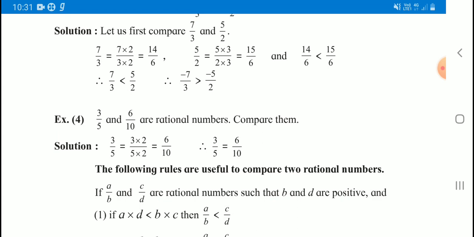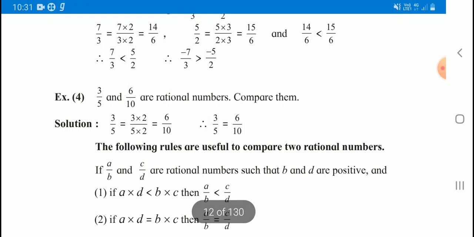So 15 upon 6 is greater than 14 upon 6, or 14 upon 6 is less than 15 upon 6. Therefore 7 upon 3 is less than 5 upon 2.